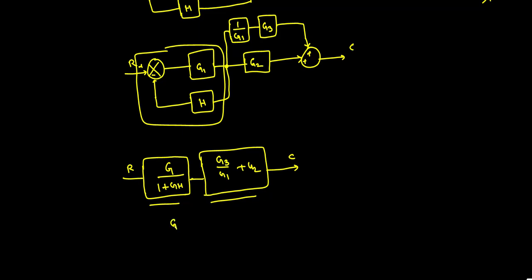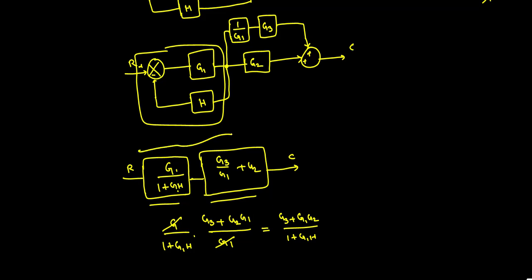So we have to multiply G1 by 1 plus G1H into G3 plus G2 G1 divided by G1. So this G1 goes out. Finally what you will get is G3 plus G1 G2 by 1 plus G1H. That's all. So these two complete blocks will be replaced with this particular block.